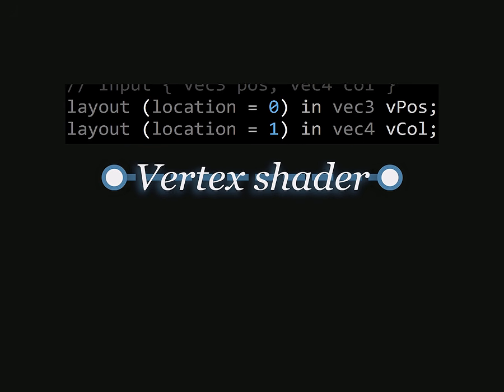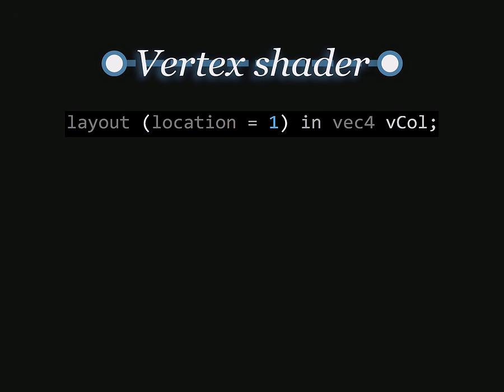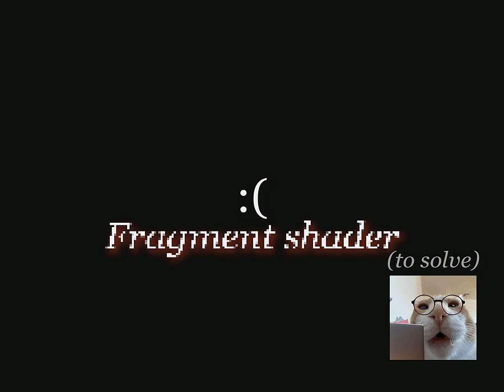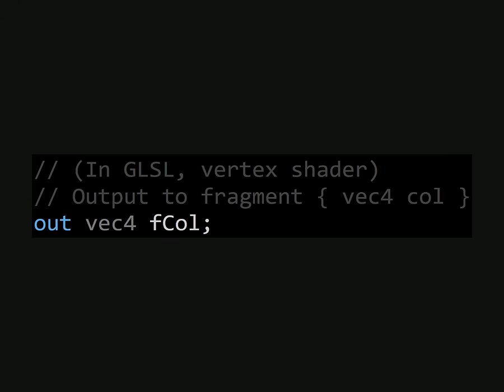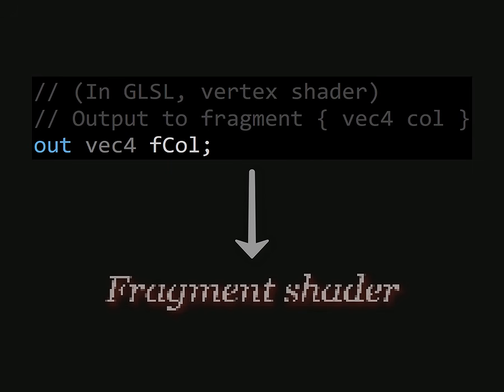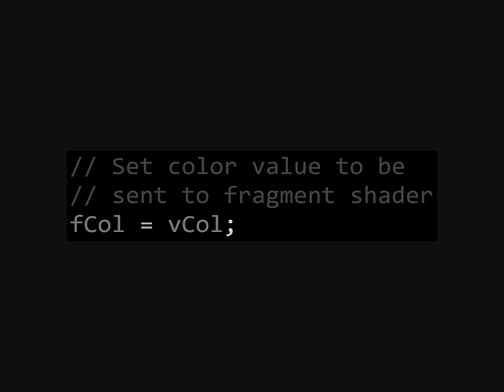This means that I need to transfer the color data of the object from the vertex shader to the fragment shader, otherwise the fragment shader will have no way of knowing what color to fill the object with. Thankfully, this is pretty easy. In the vertex shader, I just declare an out variable, which sets it up to be sent to the fragment shader down the road. I then just set the value of this equal to the color of the point.